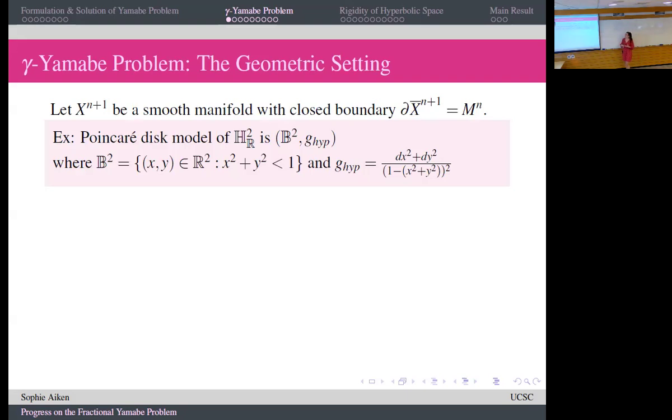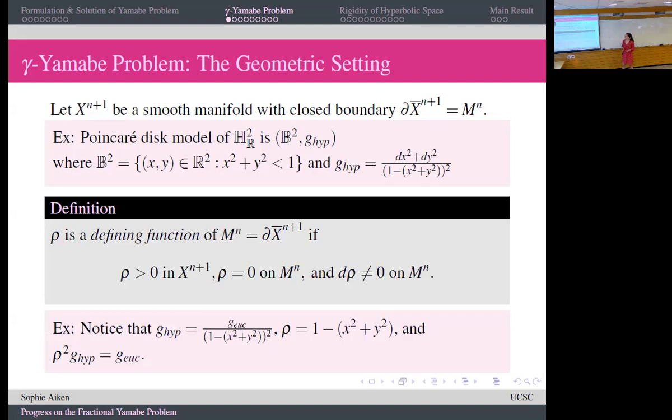So X is going to be the interior, or the filling in, of this boundary M. And we'll walk through these definitions with an example case as well. So we're given as our X^{n+1} the Poincaré disk model of hyperbolic space, just our two-dimensional disk with the hyperbolic metric.